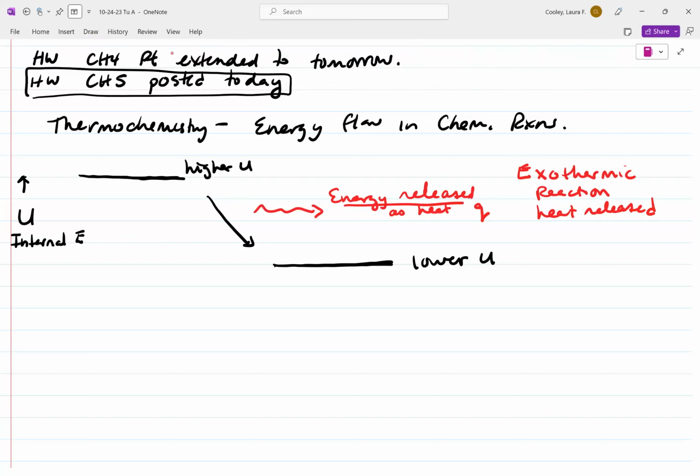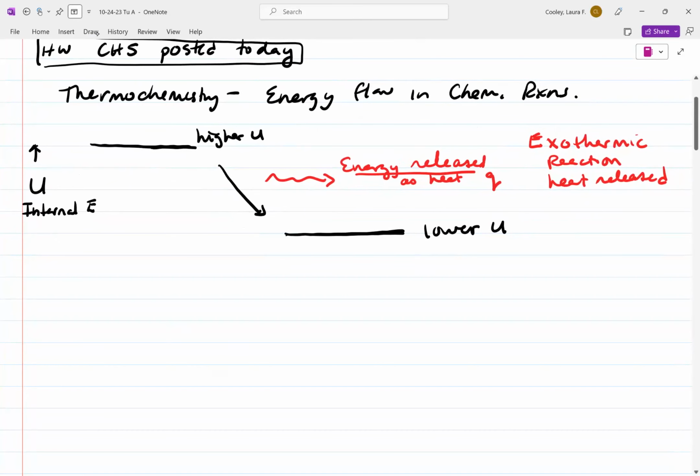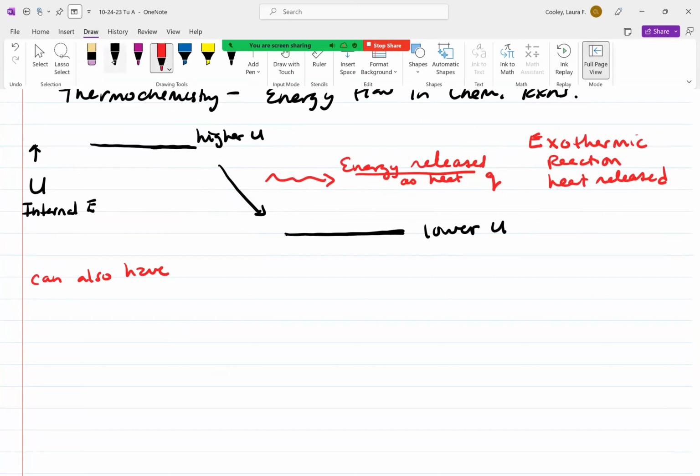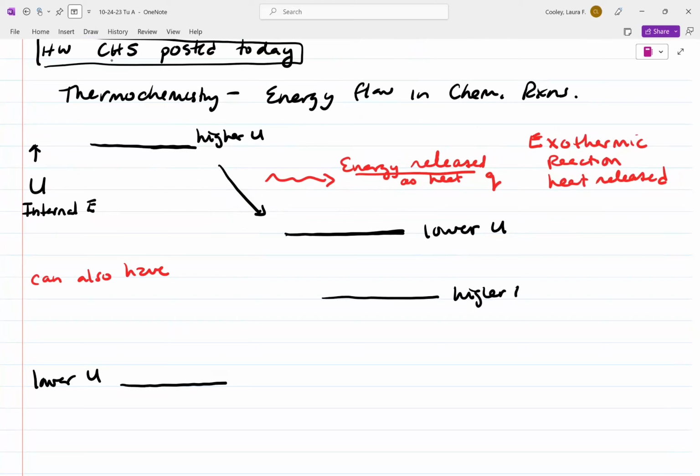So some reactions release heat, and other reactions go the other way. Other reactions will go from a lower energy to a higher energy.